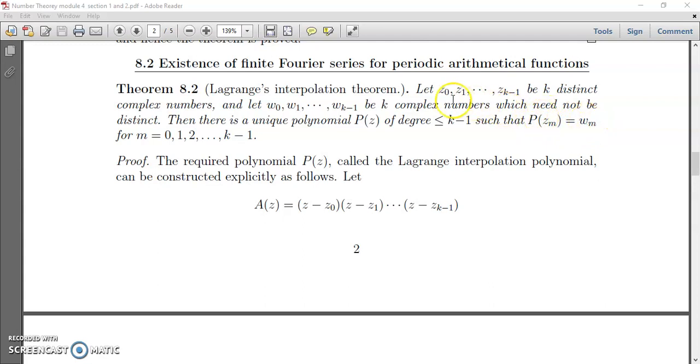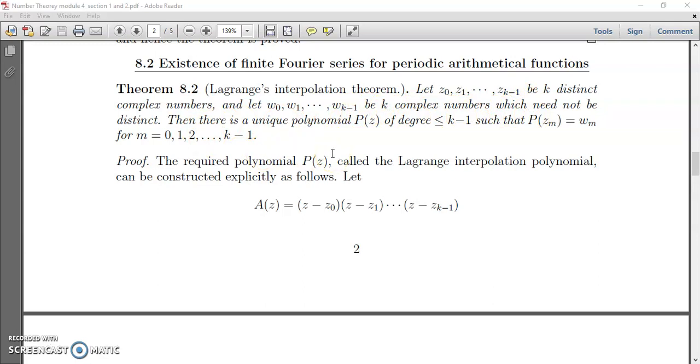That is, at each point z0 we have a w0, corresponding to z1 we have a w1. That means this polynomial p will be passing through the points z0, w0, z1, w1, etc., zk minus 1, wk minus 1. This is what we have to prove.